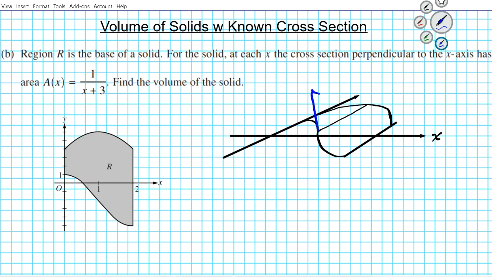All I need to know is the boundaries A and B and what the area of this cross section is. There's going to be an infinite number of these stacked on this base. So when we accumulate all those areas, you get the volume, okay?